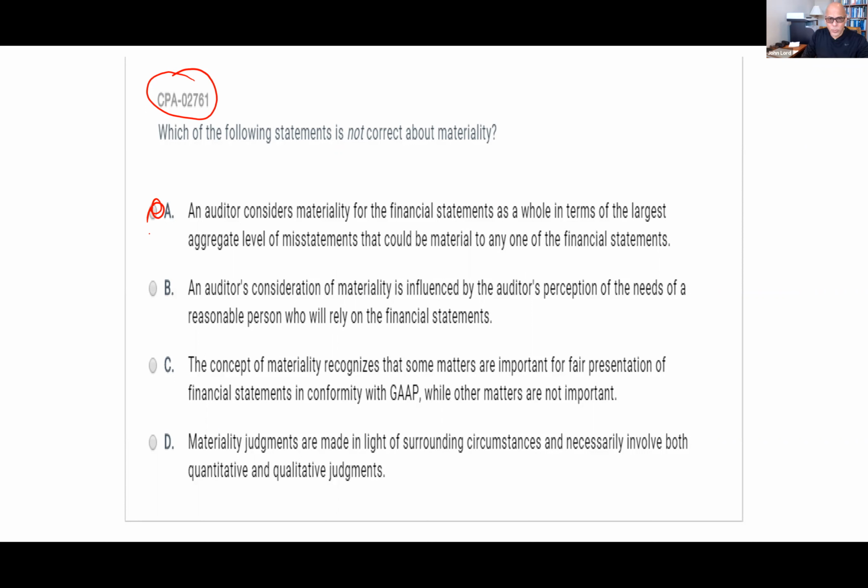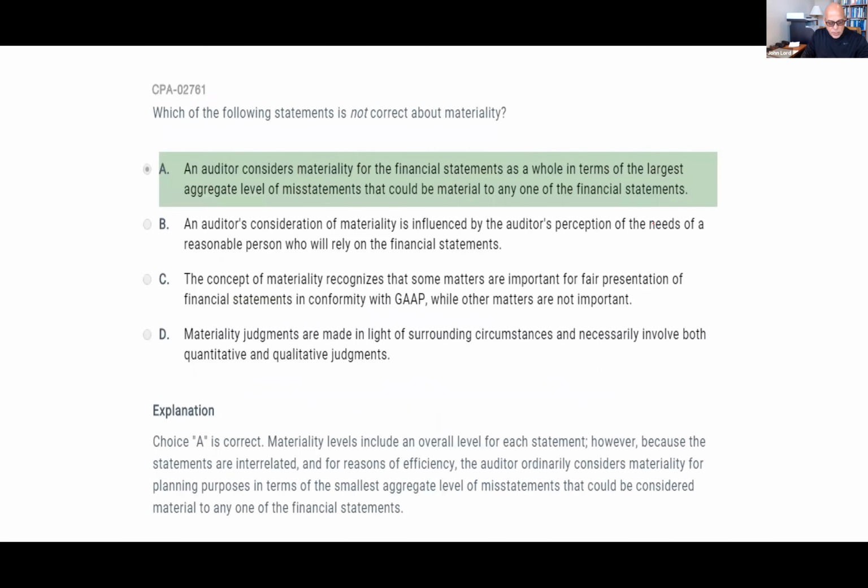Absolutely, that's what we're doing. We're trying to direct our resources to those things that will be most important to the users. Materiality judgments are made in light of surrounding circumstances and necessarily involve both quantitative and qualitative considerations. We've said that a number of times. So A is not correct, because it's not the largest, it's the what? The smallest aggregate level. Okay, good. And that's the answer there.